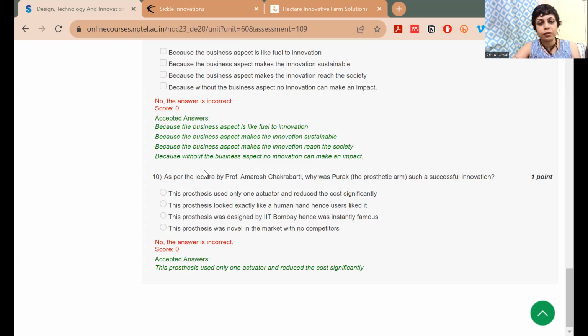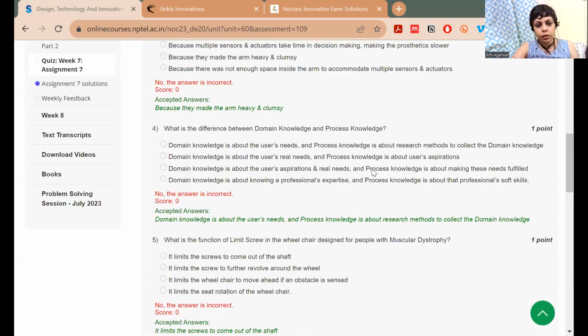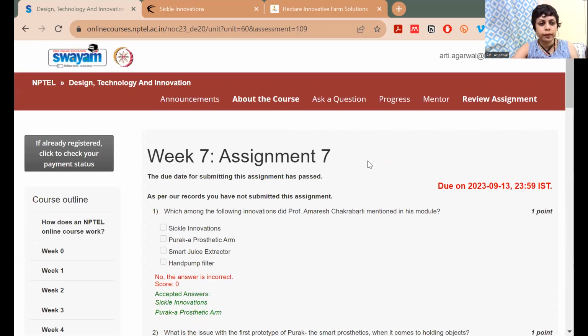Although we already know that the first is true, because one of the key aspects of the design of that prosthesis is that they use only one actuator, and one of the main design objectives was to reduce the cost drastically, because the other products in the market, even imported products, were all very expensive, so they would not be affordable by the users, and they would not reach the masses anyway. So okay, this covers assignment 7, which is week 7.